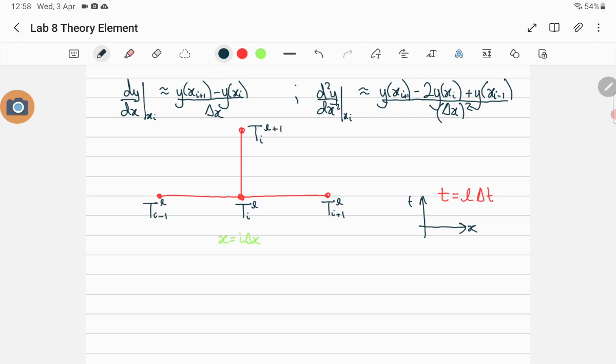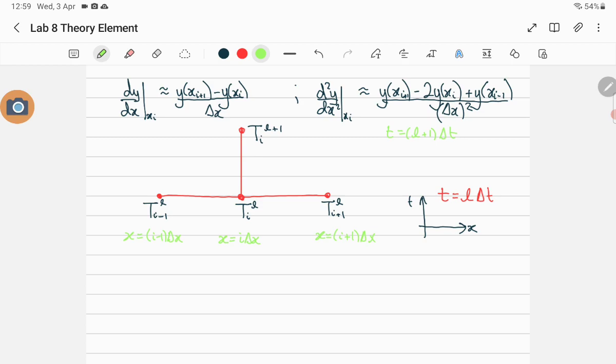L plus 1. So if I was to draw some more things up here, this corresponds to t is L plus 1 times the time step. And if I want to do similar here, this is x equal to i plus 1 times the distance step. And this is x equal to i minus 1 times the distance step.